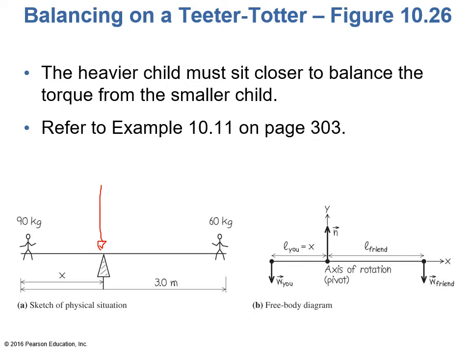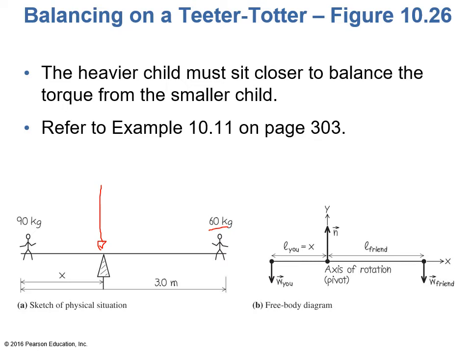Because their masses are not equal, the pivot point can't be right in between them for equilibrium. So we're looking for a case where the lighter person, the 60 kilogram person, has moved farther out in order to balance about the pivot point.